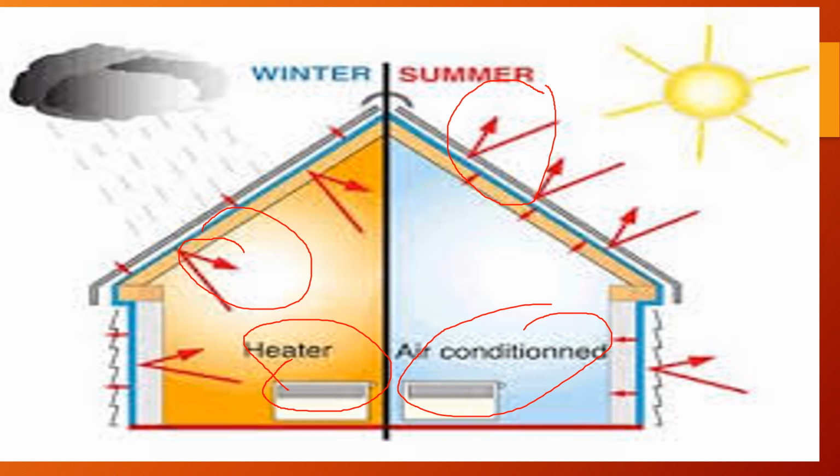And this is the insulator. This is a brick that doesn't allow the heat to escape from the house. Similarly, in summer, what happens? The heat which is radiated from the sun is reflected back to the atmosphere, so that less electricity is consumed in air conditioning, and the room is made much cooler.